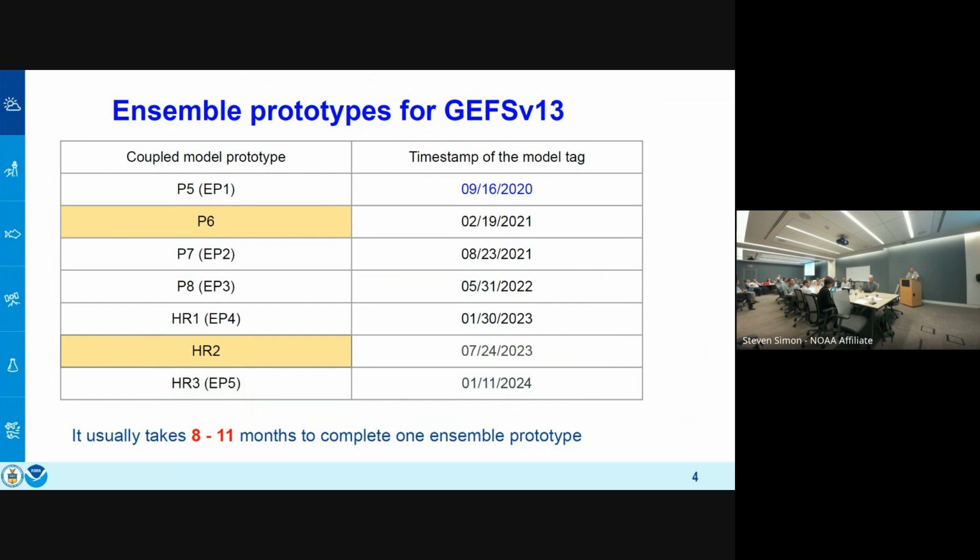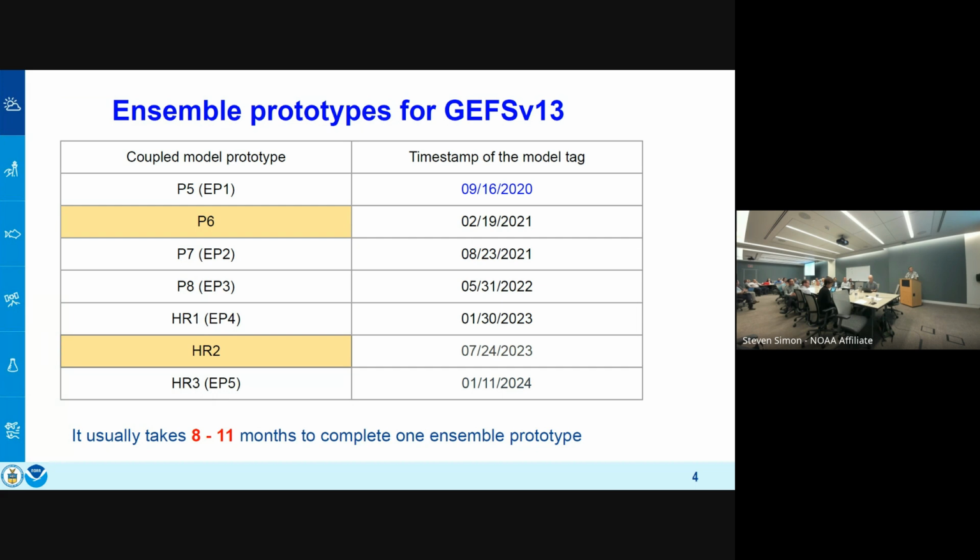The GEFS ensemble prototypes are based on the UFS coupled model prototypes. You are aware there are multiple coupled model prototypes from P1 to P8 and higher resolution prototypes HR1 to HR3. For ensemble prototypes, EP1 is based on coupled model prototype 5, EP2 is based on P7, EP3 is based on P8, and EP4 and EP5 are based on HR1 and HR3.